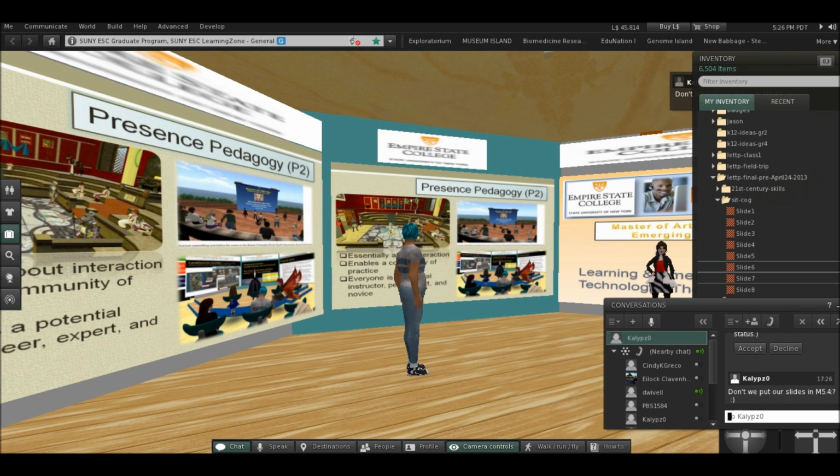And so in these virtual realities, in places like Second Life, you can have a community of practice where people can interact, and they've come there expressly to be involved in something.